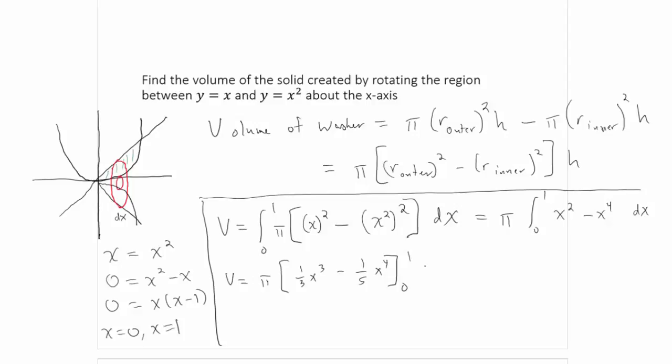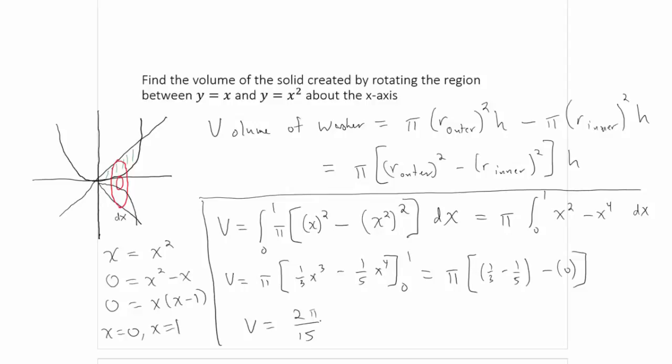And so then this ends up being pi times 1/3 minus 1/5, and then minus a bunch of zeros. And we go through the arithmetic here. 1/3 minus 1/5 is 2/15, and so then the volume is 2 pi over 15. Can't check this one with a formula from geometry.